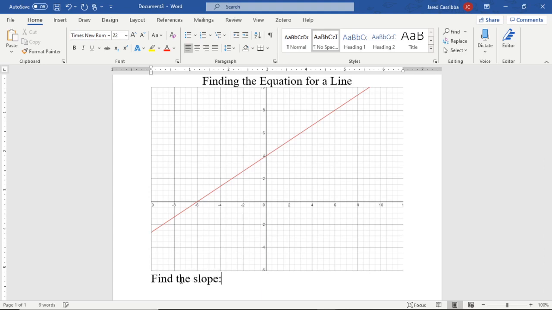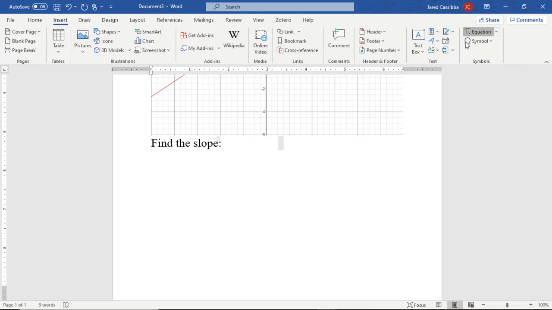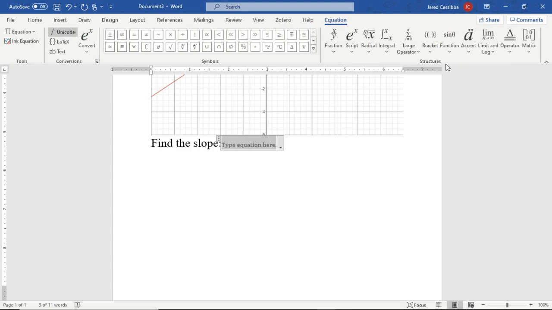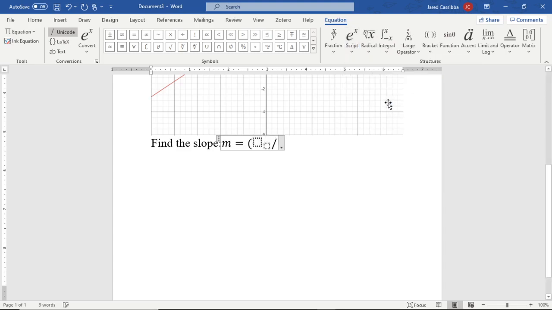That we get an equation for, a formula for. So let's insert slope. In algebra 1 it is labeled with an m. So m equals, this is going to be a fraction, which is the y minus the x. So we want y1 and y2, meaning point 1 and point 2.